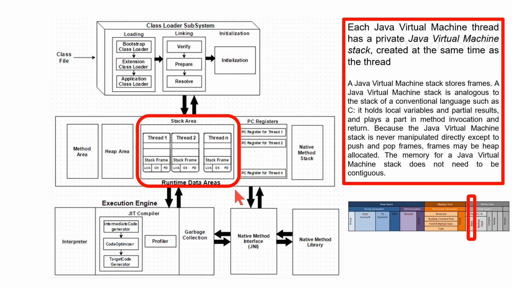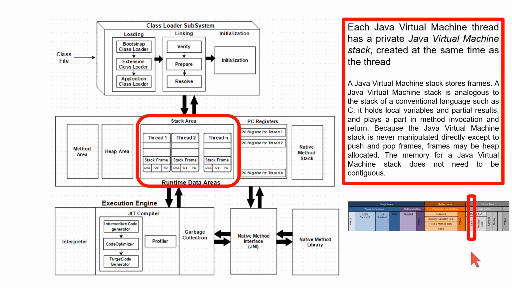A Java virtual machine stack is analogous to a stack of a conventional language such as C. It holds local variables and partial results and plays a part in method invocation and return. Because the Java virtual machine stack is never manipulated directly except to push and pop frames, frames may be heap allocated. The memory for a Java virtual machine stack does not need to be contiguous.